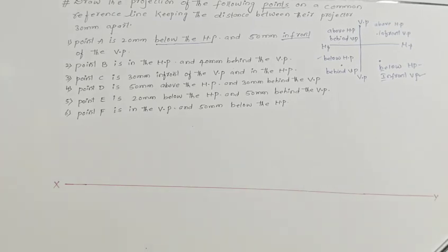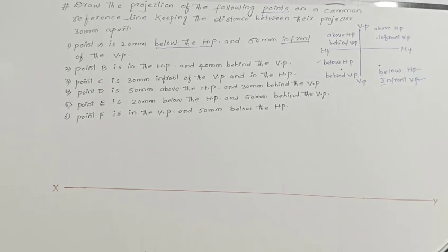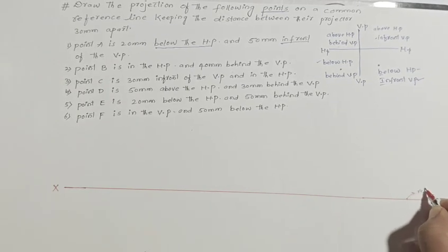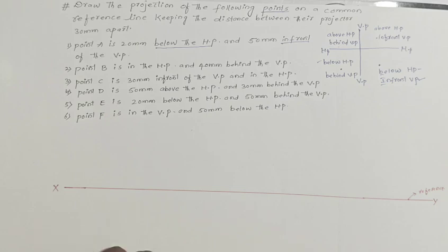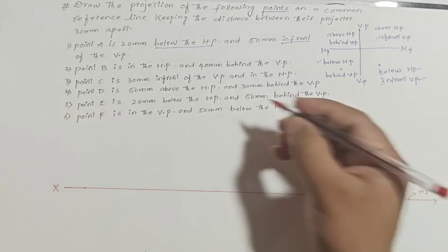X and y is known as the reference line. Clear? The fourth quadrant formula, we know that both are below the reference line. Both lines should be below the reference line.